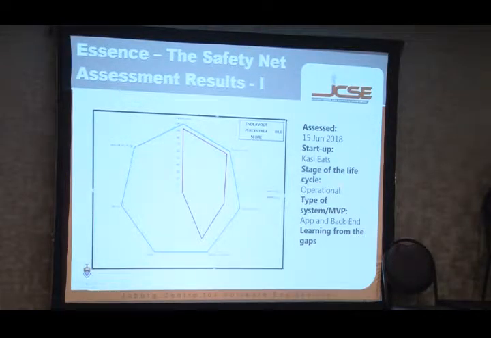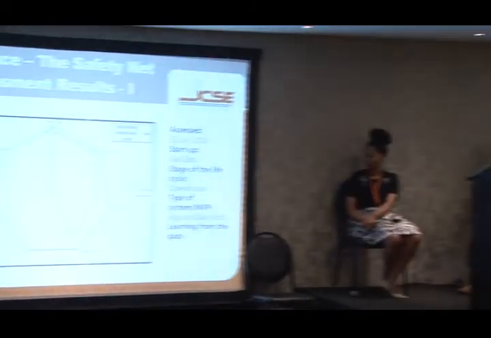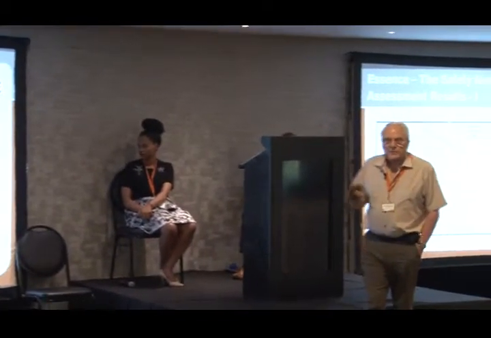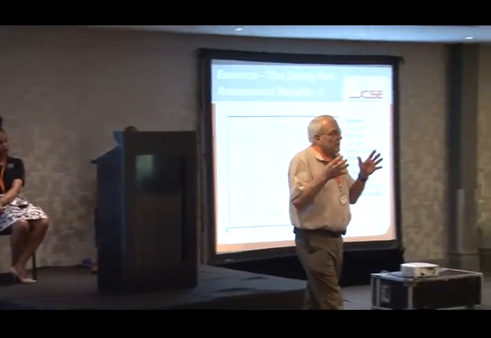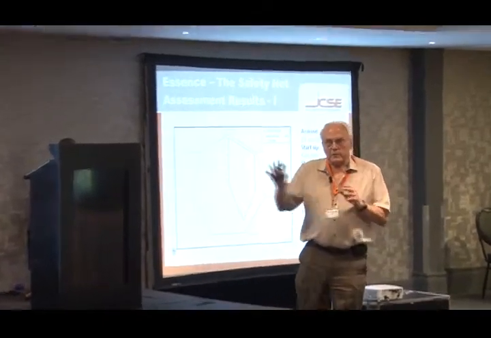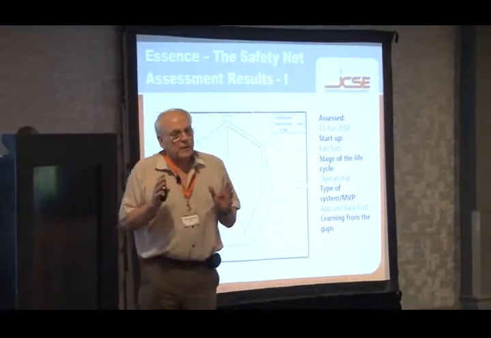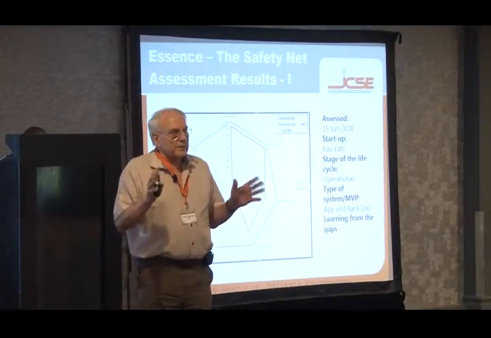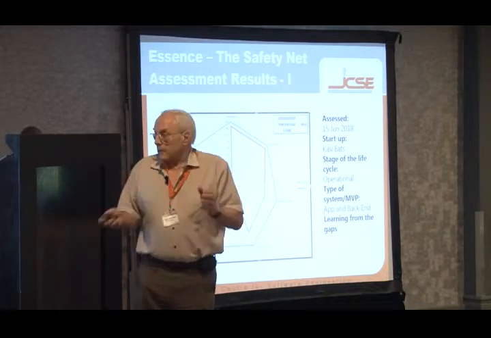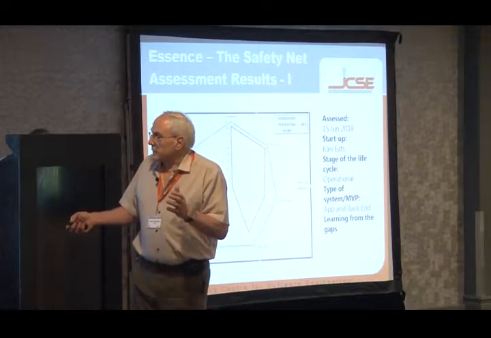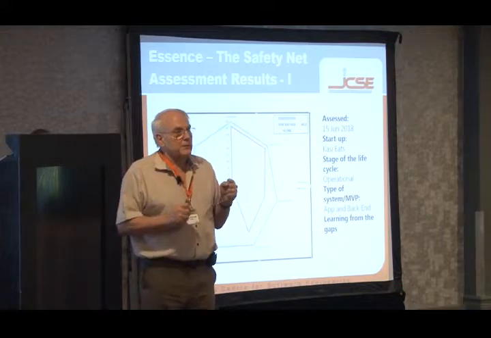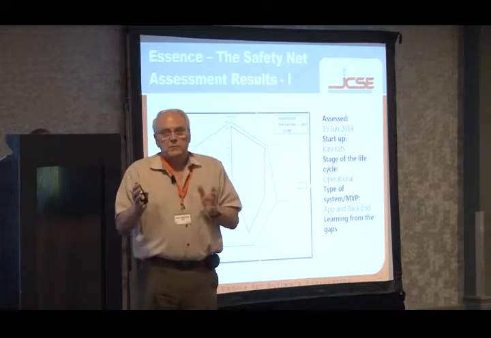He's already operational. The type of system, or the minimum viable product, is obviously an app, and then the back end that is associated with it. Now, this is one of our best examples of how the business model canvas, this fellow, when he did whatever has been done to get them to the point where they are, was totally unaware of SEMAT Essence. But they used the business model canvas actively in trying to define their business, to start up their business.